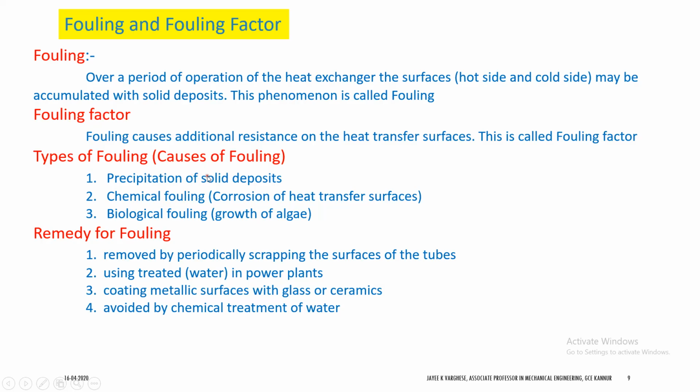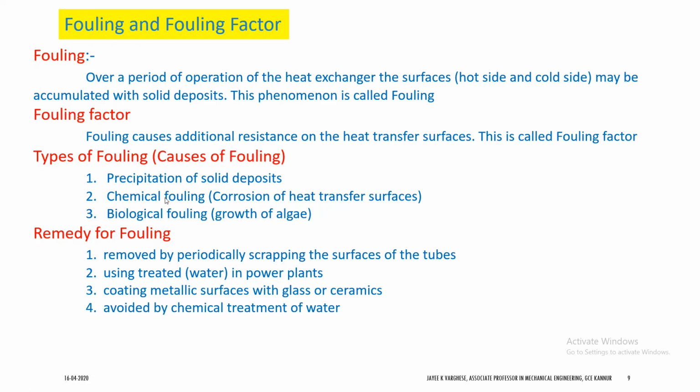Conduction will be through the metallic part, most often copper, and in other cases steel or something else. In addition to that, due to fouling there will be additional resistance on the surface, and this increase in resistance caused due to fouling is called the fouling factor.